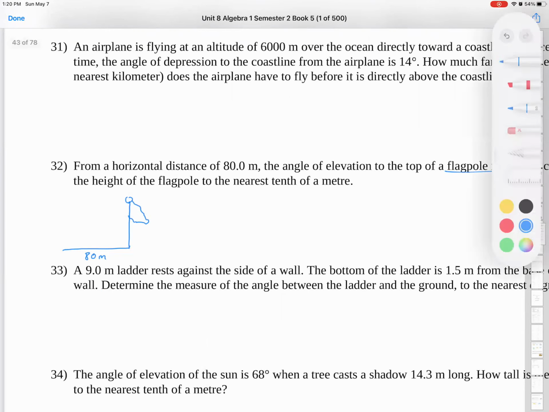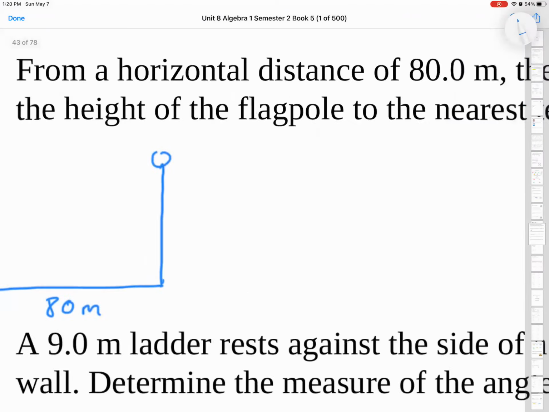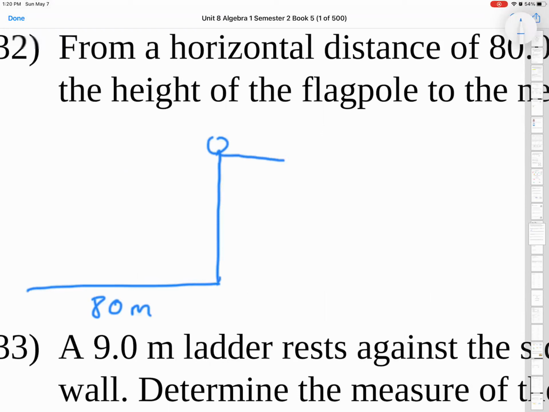Oh, that was rough. Let's try that again. So we have a flagpole. And that angle of elevation to the top of the flagpole is 18 degrees.